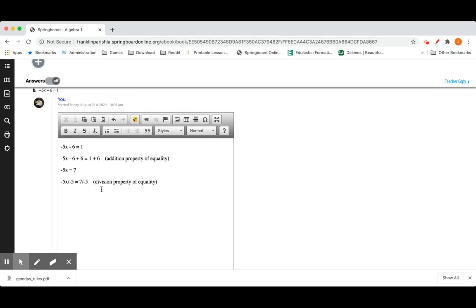Negative 5x divided by negative 5 is x, since a negative divided by a negative is a positive. 7 divided by negative 5, that's an improper fraction. We can move the negative sign to the front and say negative 7 divided by 5, or we could write it as a mixed number, which is negative 1 2/5. Negative 7/5 or negative 1 2/5.